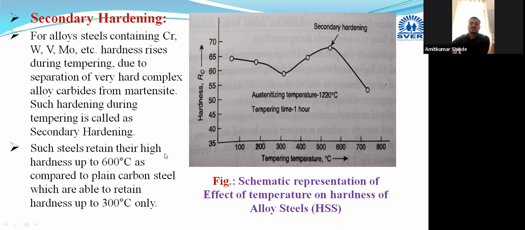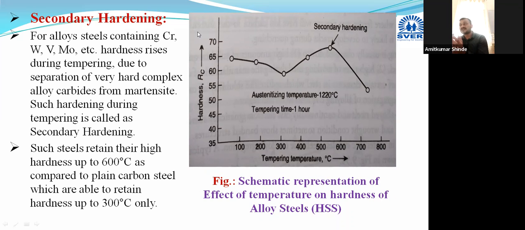Okay, there is one concept, auto tempering. Means in some kinds of steels, suppose low carbon steels, their martensite formation start temperature is very low. Sometimes it is below room temperature also. Means during the formation of martensite only, tempering is occurring.